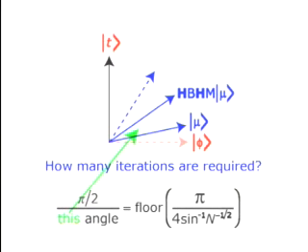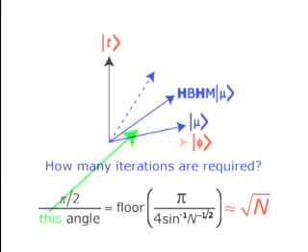Roughly speaking, that's a constant times the square root of n. So Grover's algorithm completes its search using about the square root of the number of oracle calls required using classical computation.